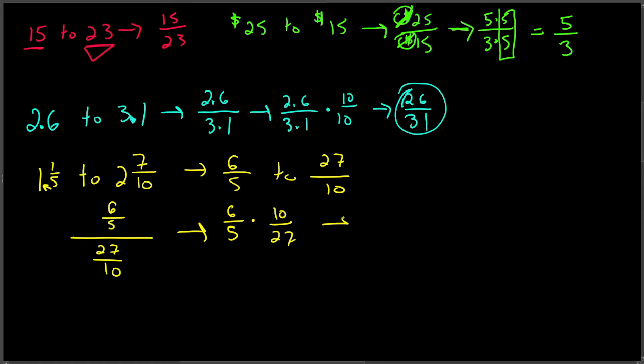And if I look at these multiplications, 6 is 2 times 3, 10 is 2 times 5, and 27 is 3 times 9. So this 3 and this 3 will each go away, and this 5 and this 5 will go away. And so I have 2 times 2, or 4 to 9.